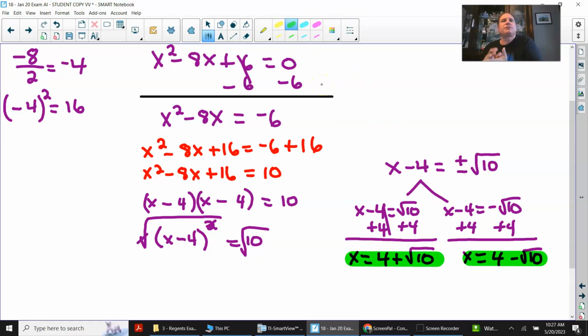So if you took the square root of 10 and put it into your calculator, you would never get an exact number because it's a non-terminating, non-repeating decimal. So x equals 4 plus the square root of 10 is the exact number where it crosses the x-axis. And x equals 4 minus the square root of 10 is the exact number where it crosses the x-axis. All right, and those are the answers.